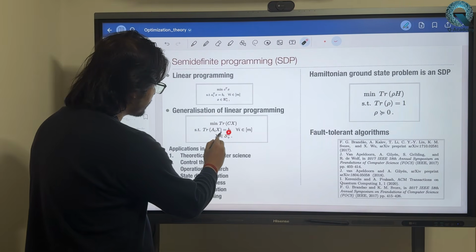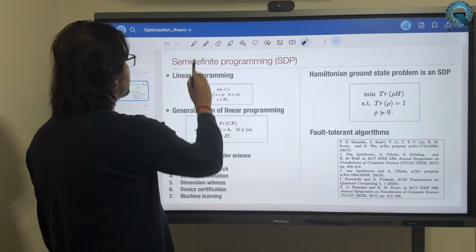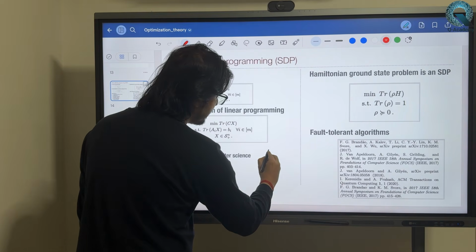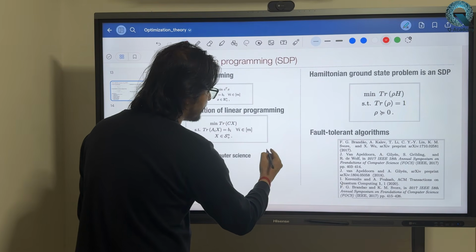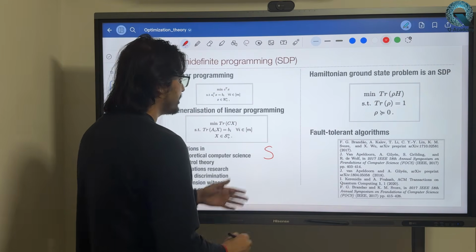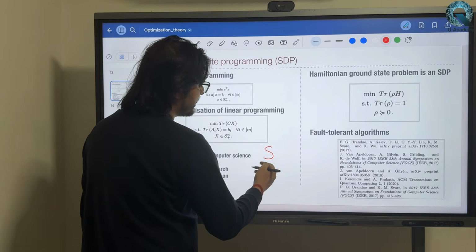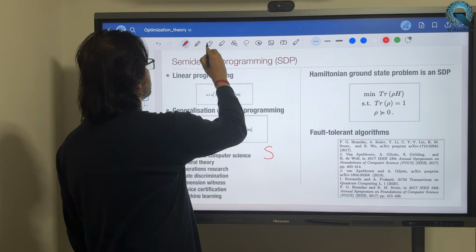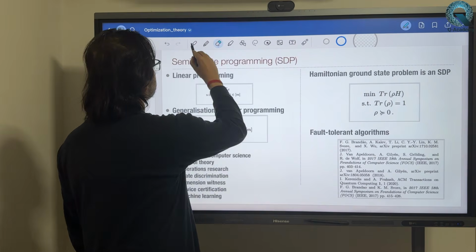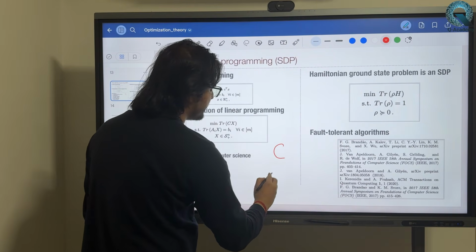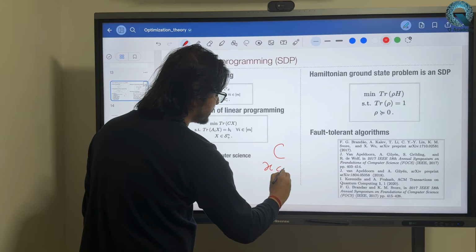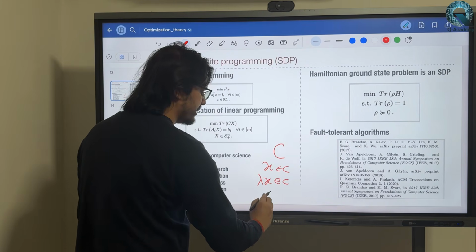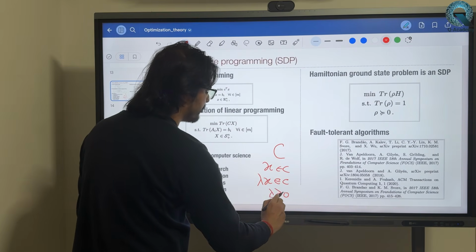What we have here is a cone of positive semi-definite matrices. By cone we mean that in a cone C, whenever x belongs to C, then lambda times x also belongs to C, where lambda is greater than or equal to 0.